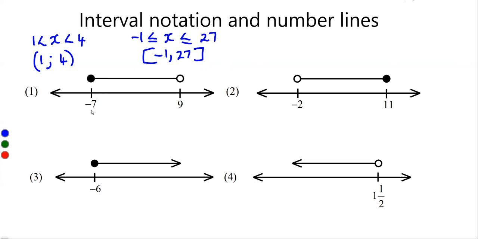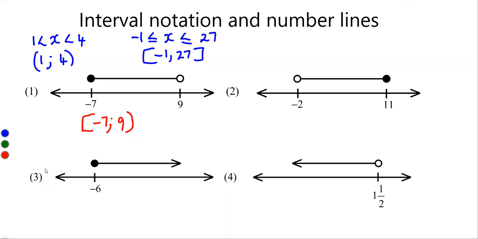Now let's see, what are we going to do here? Once you see a dot, it means that it involves 7. So what must we do here? On this side, we must have this kind of bracket, -7, 9. And you can see there are different brackets.